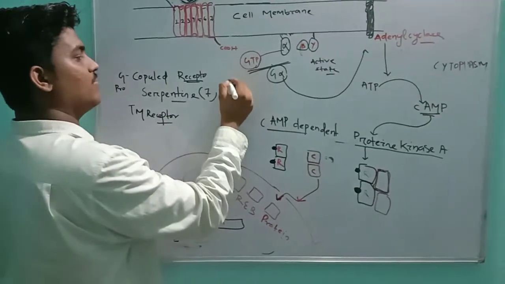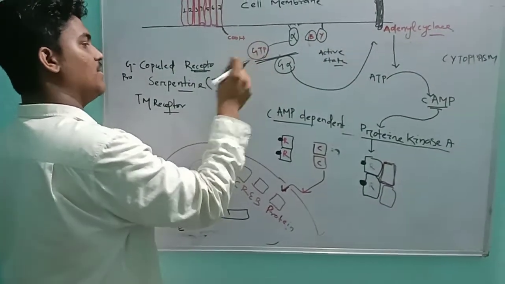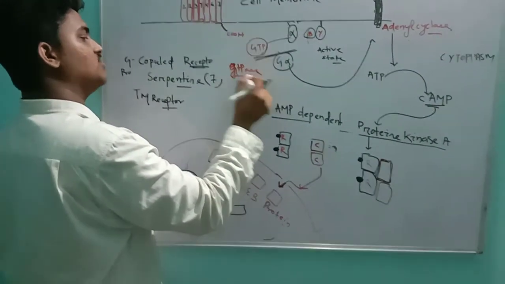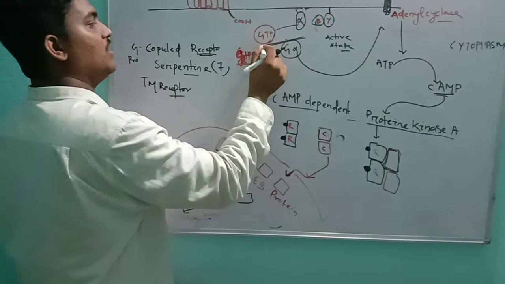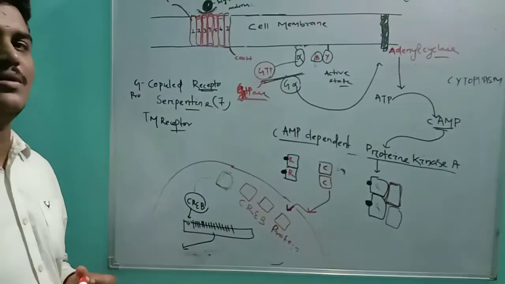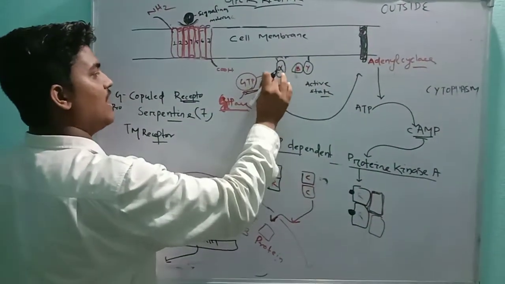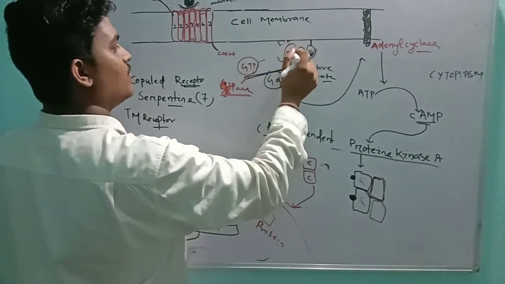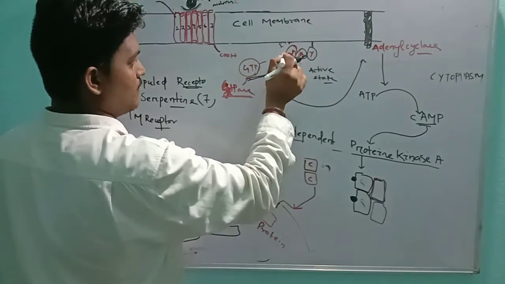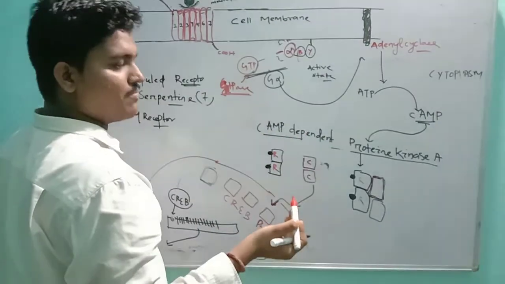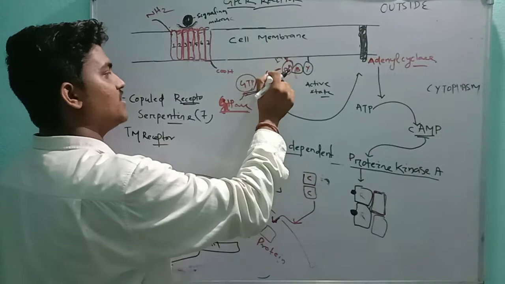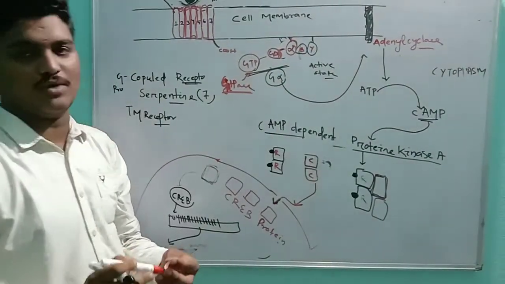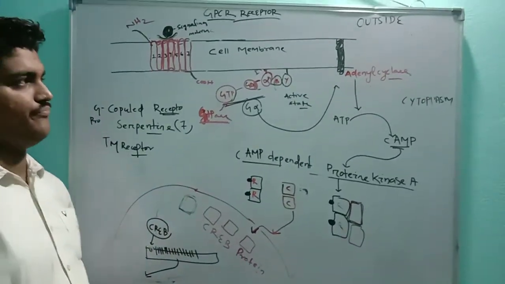After a few seconds, the GTPase enzyme breaks down GTP, and the alpha subunit goes back to the previous normal state, and the signaling stops. Okay, thank you very much.